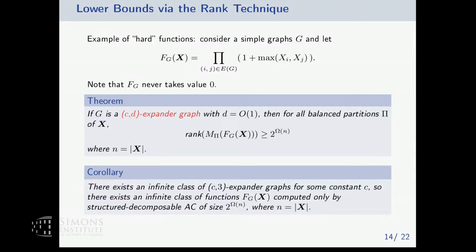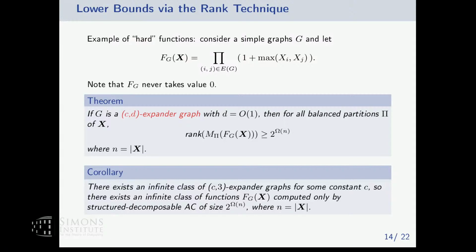So the vertices correspond to the variables. And whenever you have an edge ij in your graph, then you multiply by 1 plus the maximum of the two variables. So you can verify that this thing is never going to take value 0.